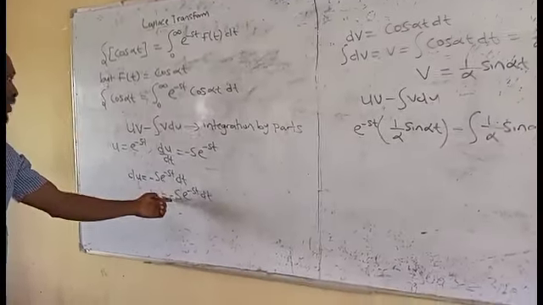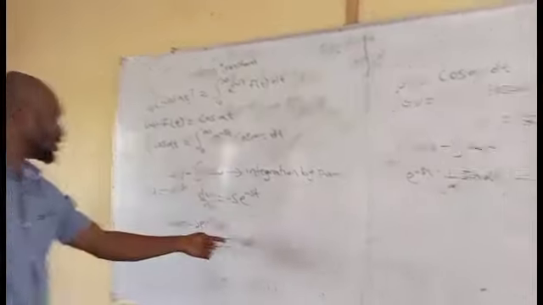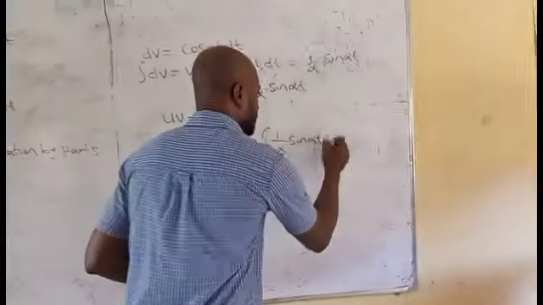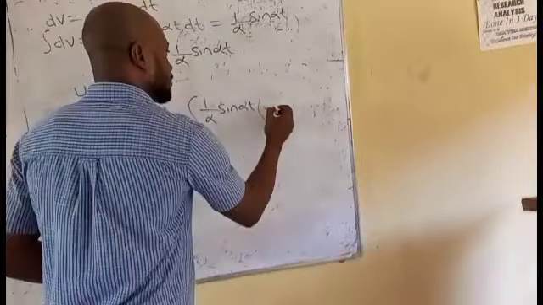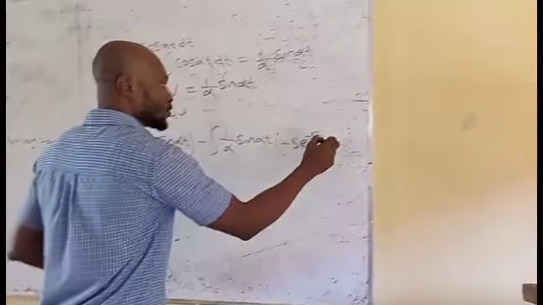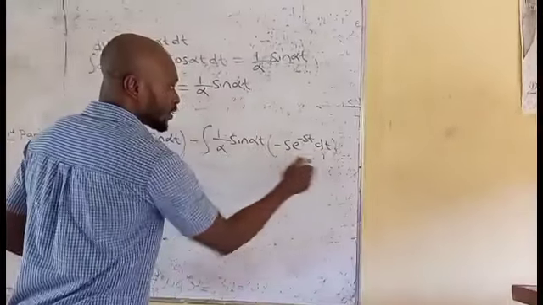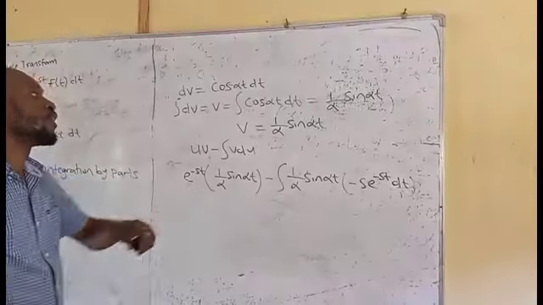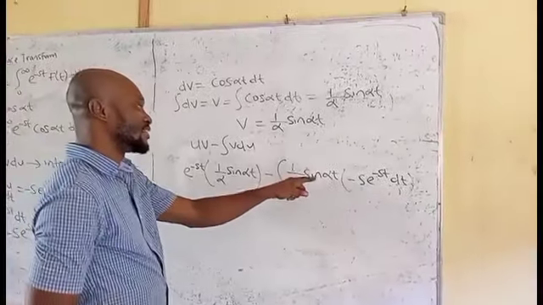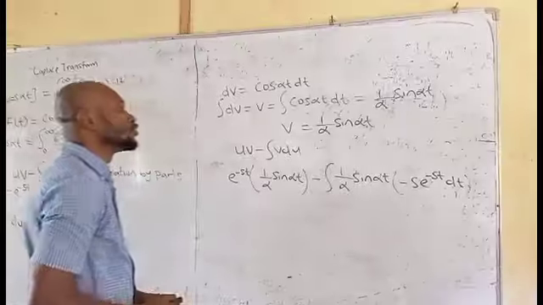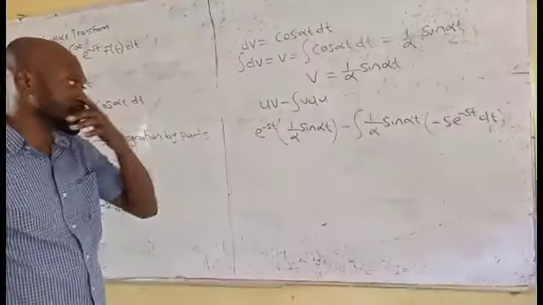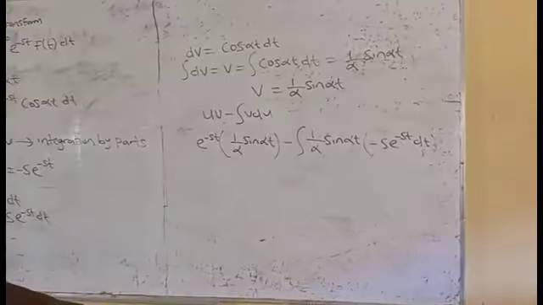My du is equal to minus s times exponential minus st times dt. This one now is your du, and this is v, 1 over alpha sine alpha t. So now I have used this integration by parts. So I have something like this.